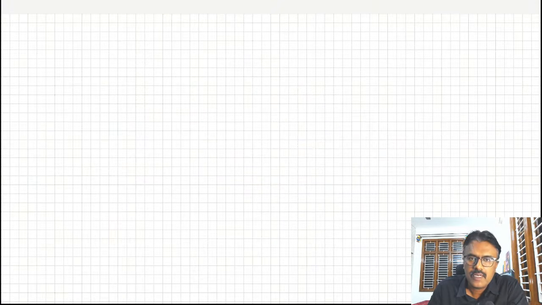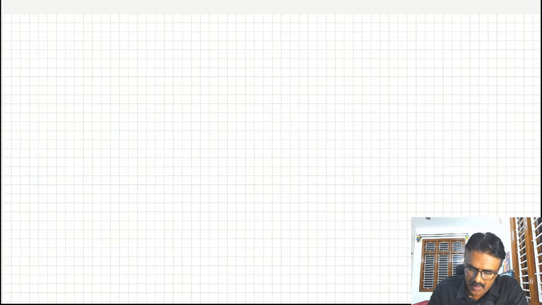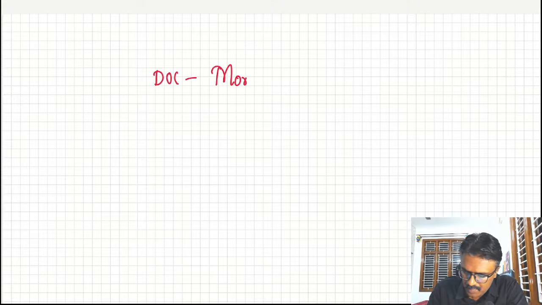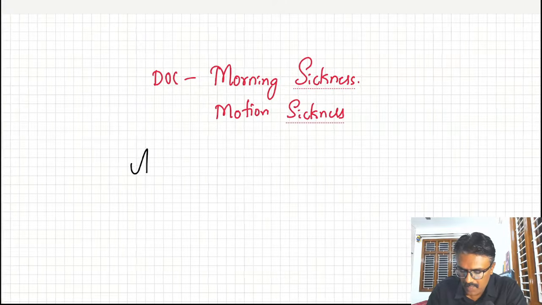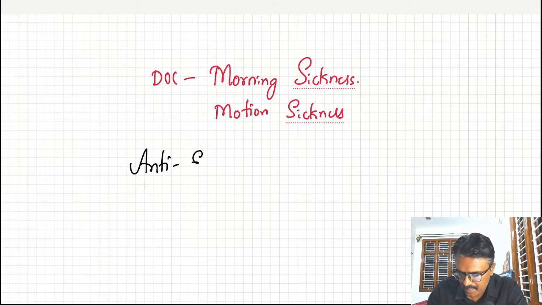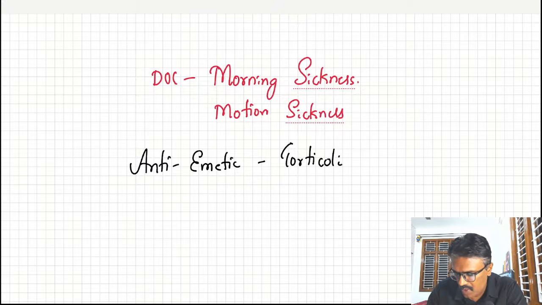Now let me ask you a certain question here. What is the drug of choice for morning sickness in pregnant women? Motion sickness. Tell me which antiemetic can cause torticollis or dystonia.